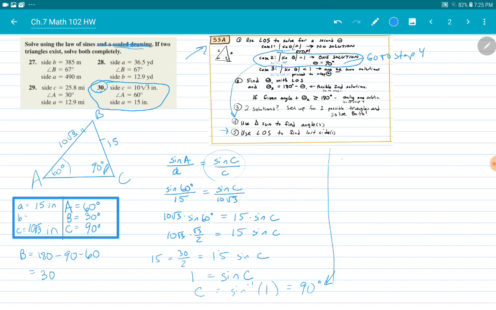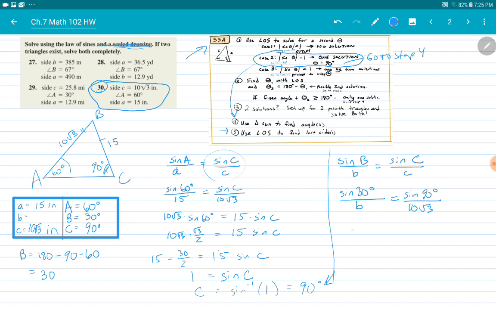So I can do sine of b is to b as sine of c is to c. So sine of b, that's 30 degrees over b, that's what we're going to solve for, equals sine of c, which is 90 degrees, all over c, which is 10 radical 3.